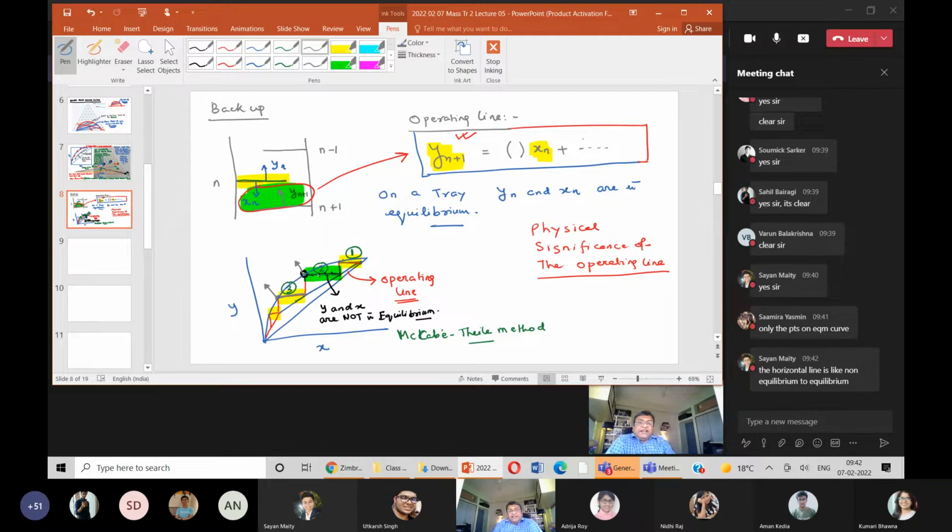So in reality, though even I will be telling this is a stage, we understand only the point where the horizontal line intersects the equilibrium curve is the stage. Is it clear to the class?